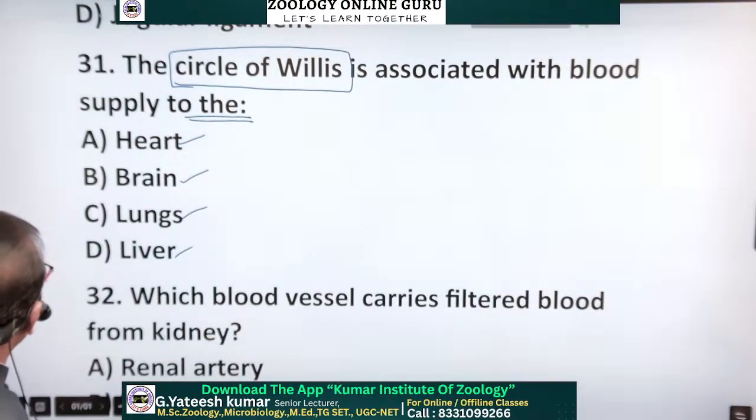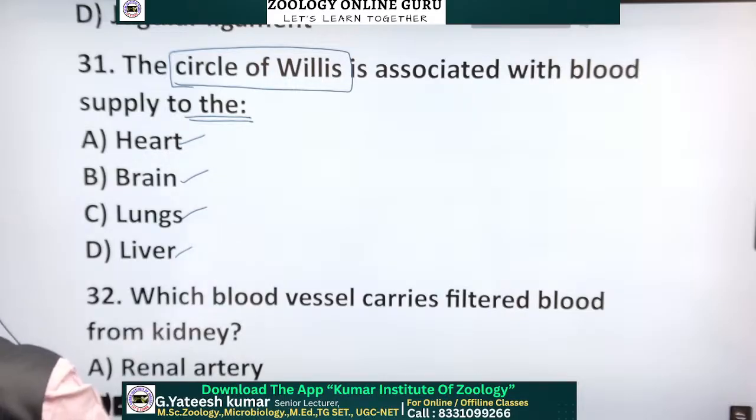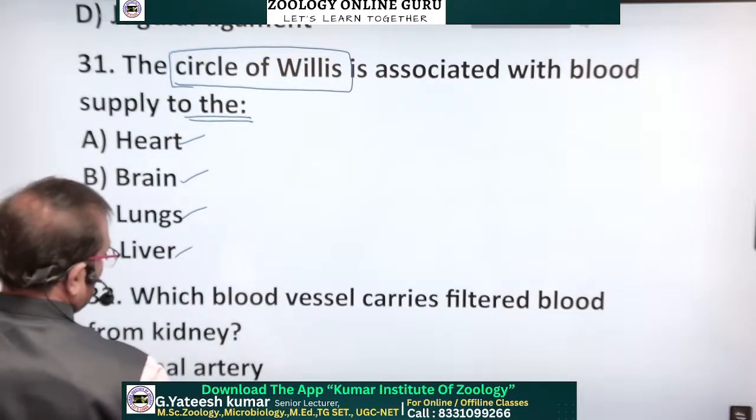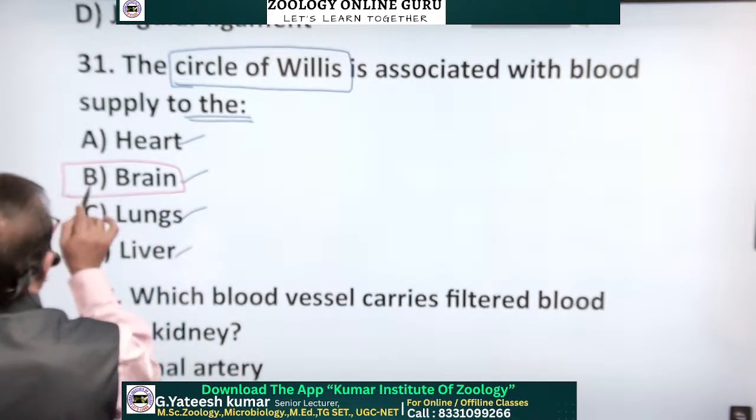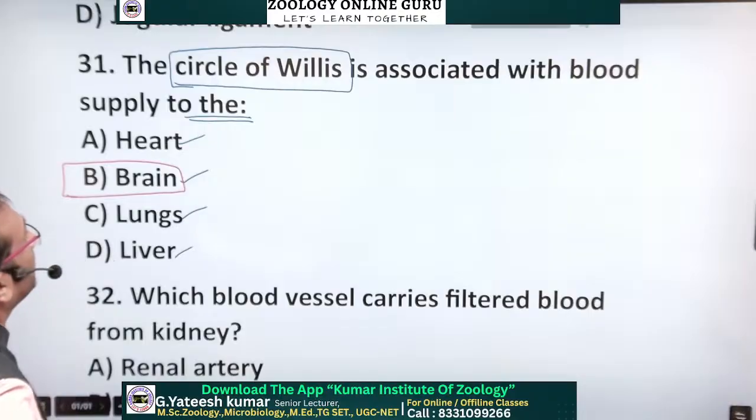Tell the answer. What is the answer? Circle of Willis. The answer is brain. The circle of Willis is associated with the brain.